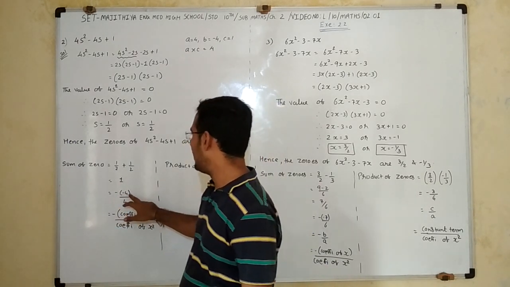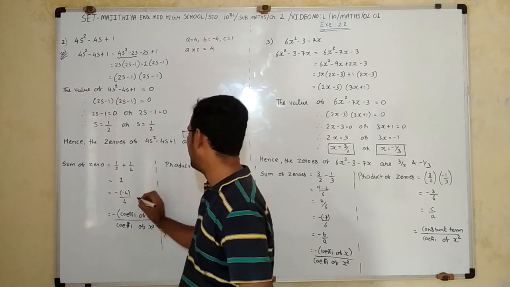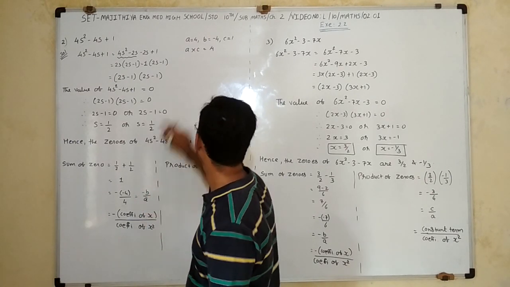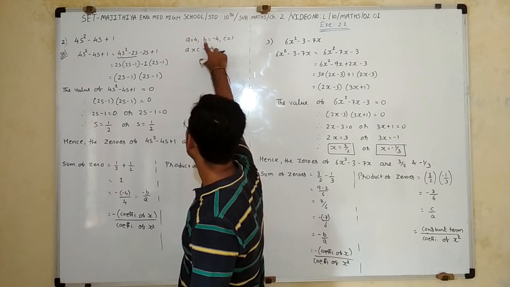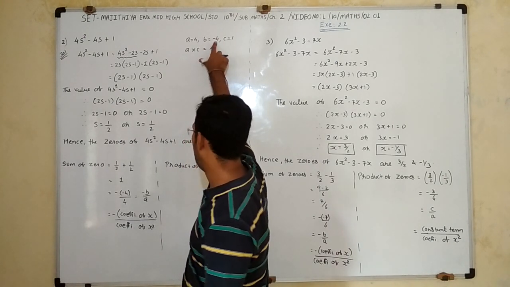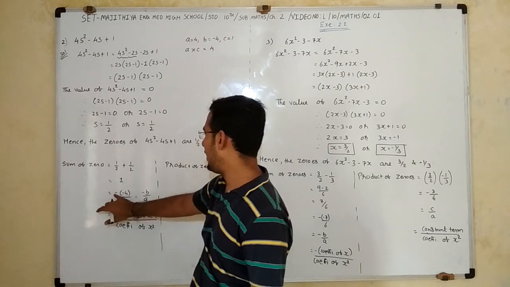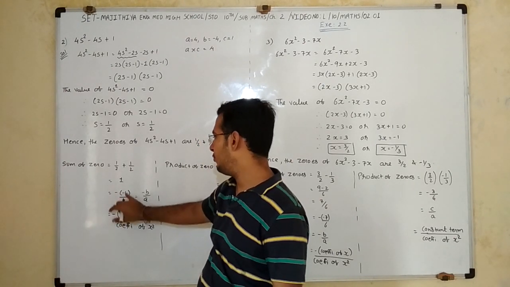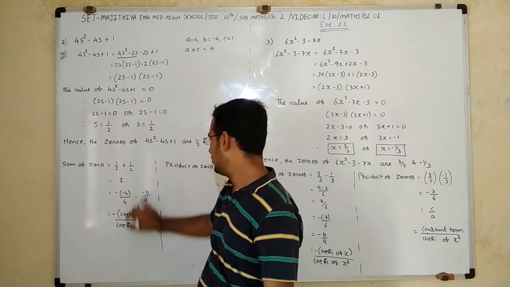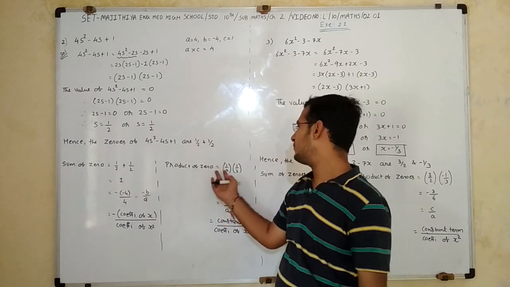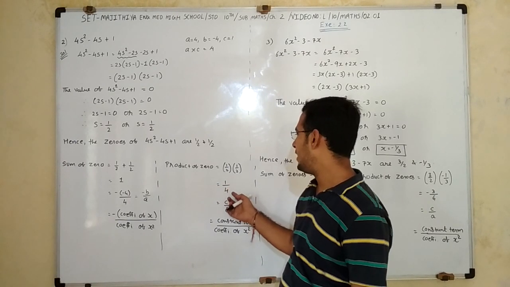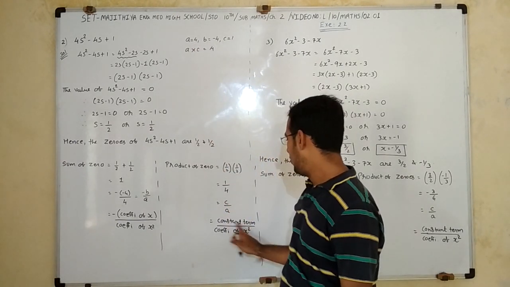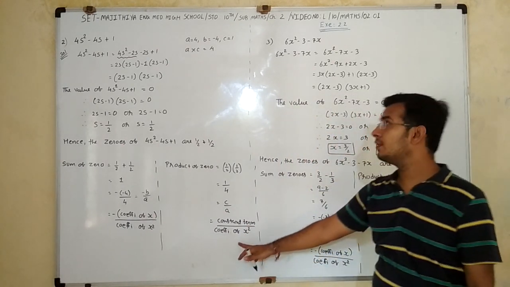The formula is −b upon a, where b is the coefficient of s, so it is −(−4)/4, which gives 4/4, so I get 1. So we proved it. Now for the product of zeros, 1/2 × 1/2 gives 1/4. Here 1 is c and 4 is a, so I get c upon a: the constant term upon the coefficient of x².